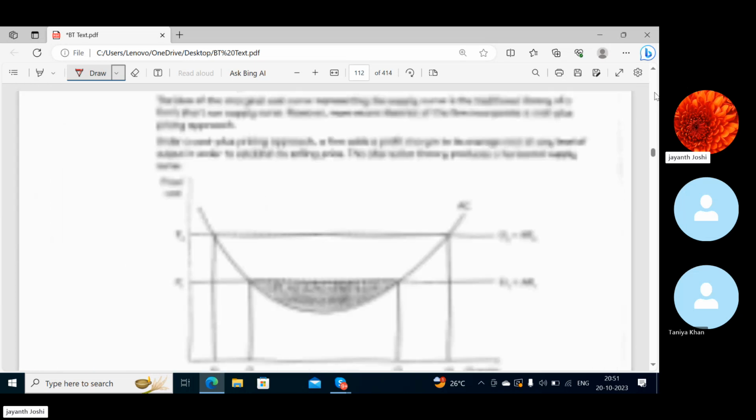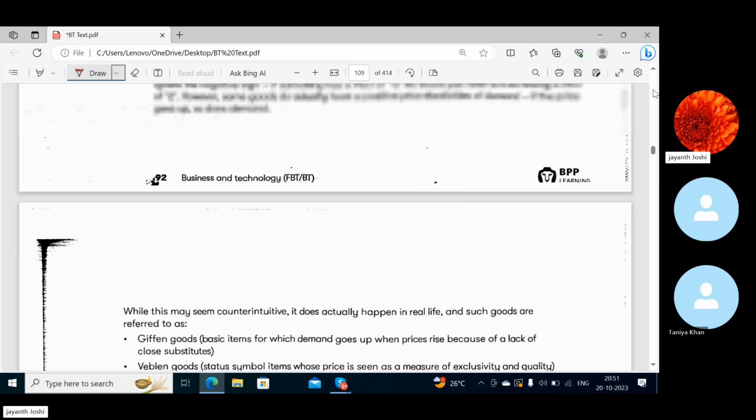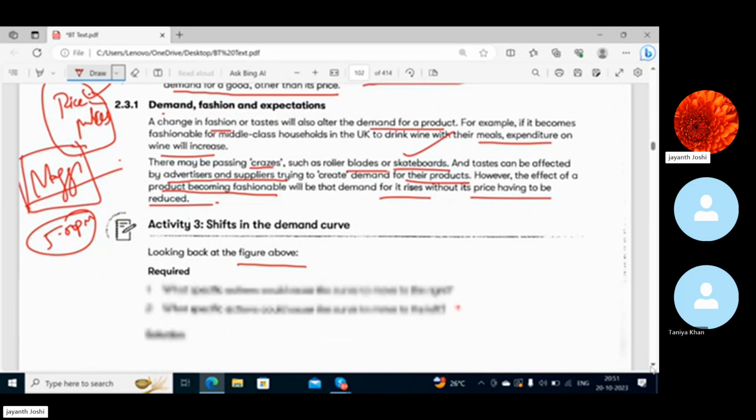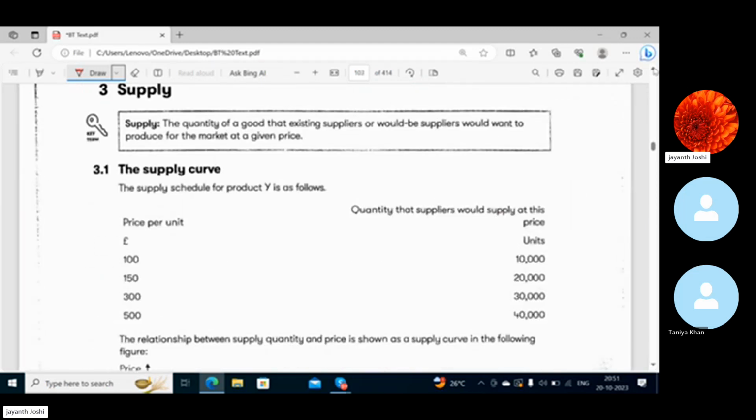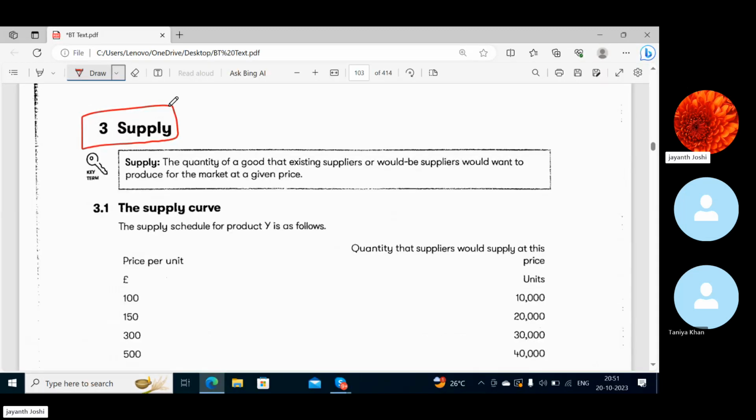We are moving to the next topic, supply. Whatever is readily available and whatever can be sent to the market is nothing but supply. Supply is the quantity of a good that existing suppliers or would-be suppliers would want to produce for the market at a given price.